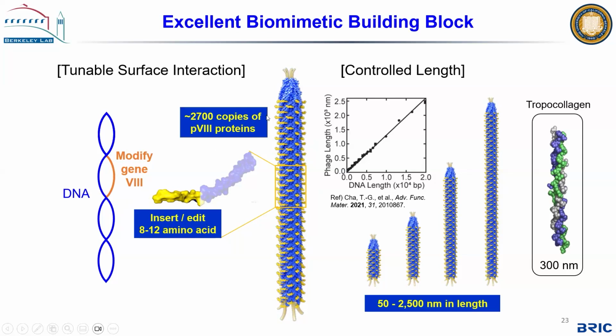So eventually we can have all the proteins having the same sequence. Okay. And also we can control the length from 50 nanometers to 2.5 micrometers. We can change and control the length of the virus. So it is an excellent building block, especially for making assemblies in a bigger structure.